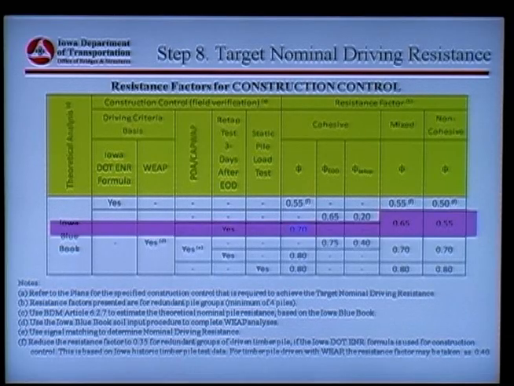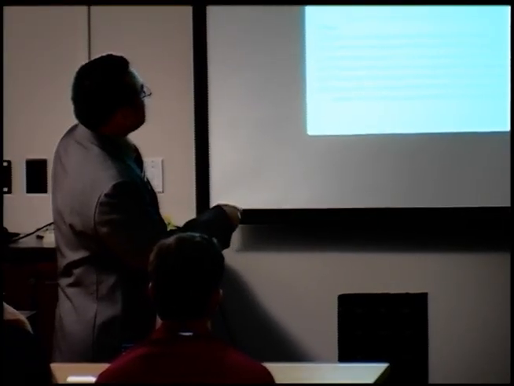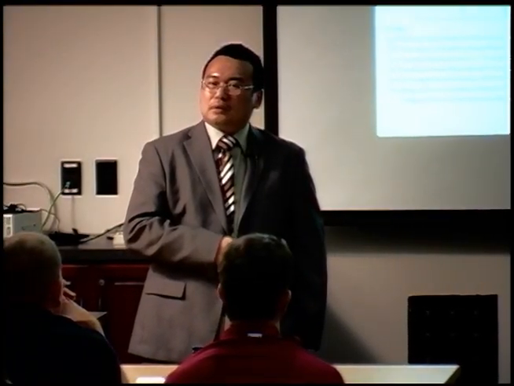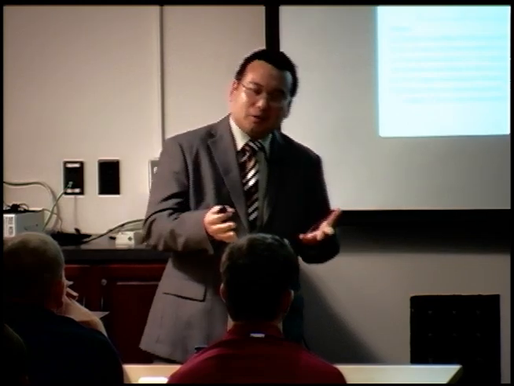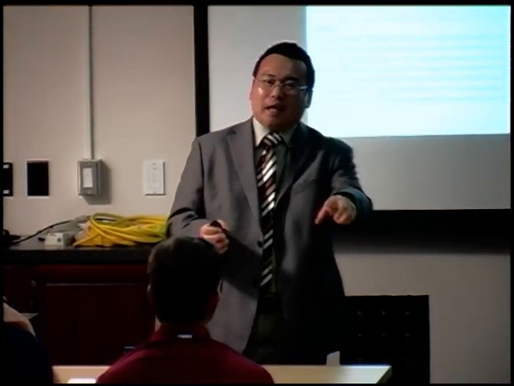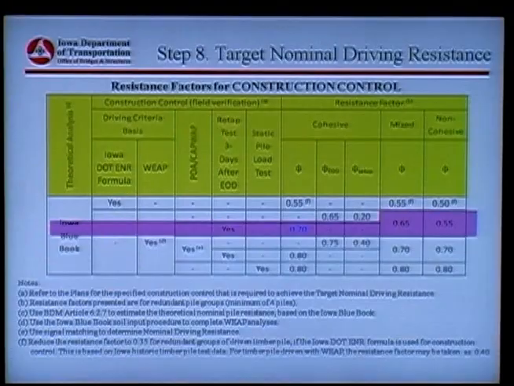So you may ask, how about if I plan the retap at 4 days? This table shows retap 3 days after end of driving. Should I use the same resistance factors? The answer is yes. So you plan to do the retap, and that is the resistance factors. If you plan to retap at 7 days, 3 days, 4 days, whatever days, that is the resistance factors to be used: 0.7 if it's cohesive materials.